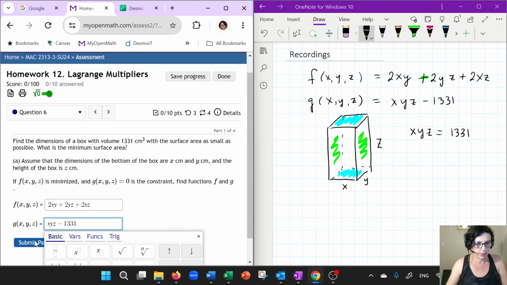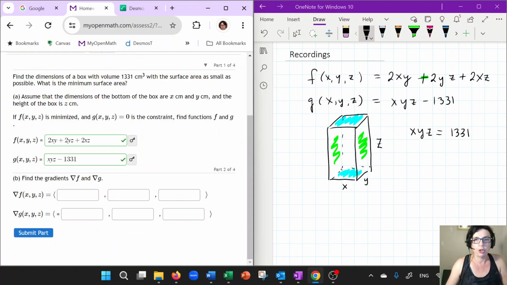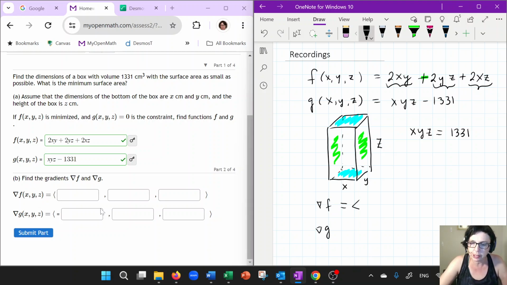That's the constraint. Then the method of Lagrange multipliers says that we have to compute the gradient of f and the gradient of g. So let's look at the gradient of f. We are adding terms here, so when we take the derivative with respect to x, we take the derivative of each term and add them up.